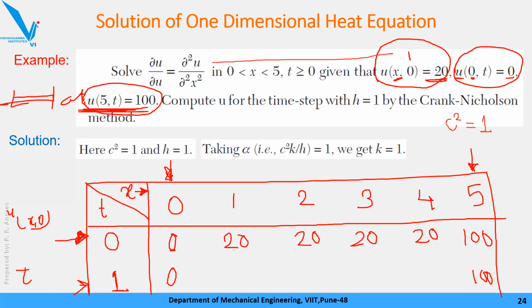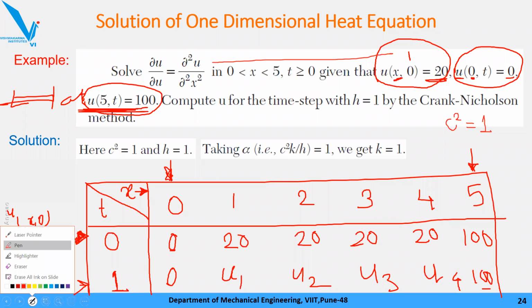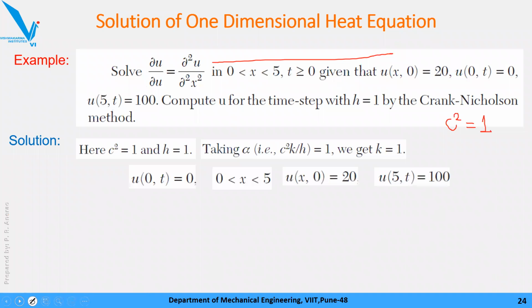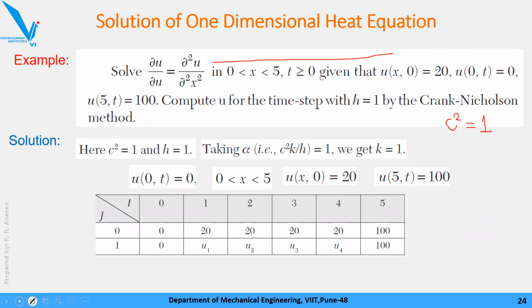Okay, so we know boundary में 0 है and 100 है, but बीच में क्या है, so just we will use term u1, u2, u3 and u4, to represent temperature at 1, 2, 3, 4 after some time. Okay, so I hope all of you have understood the table, because table ही थोड़ा complicated लगेगा, बाकी सब easy part है.